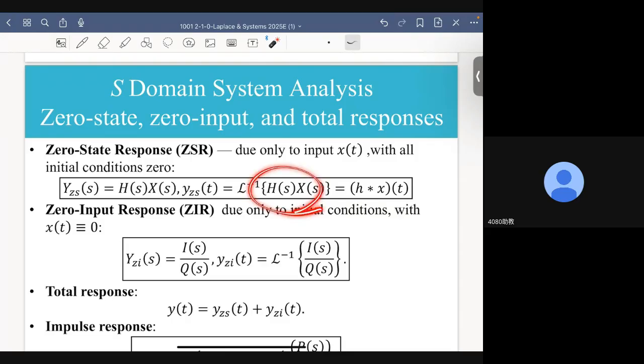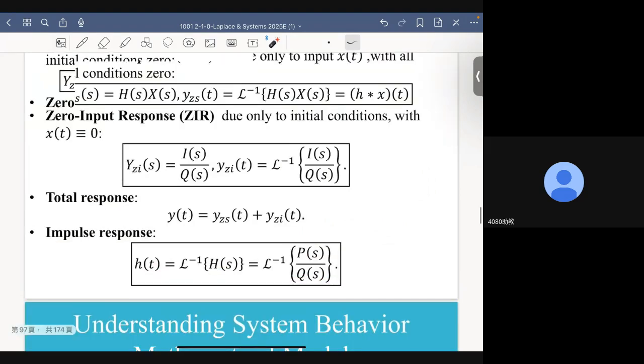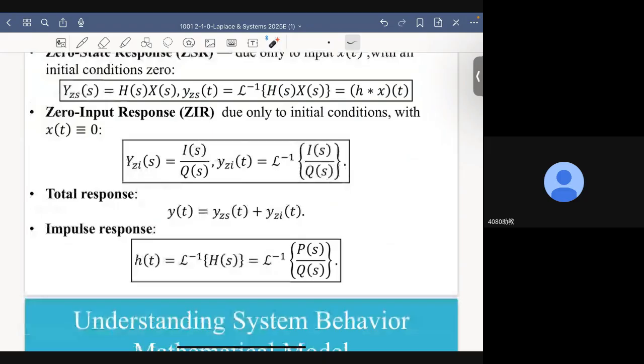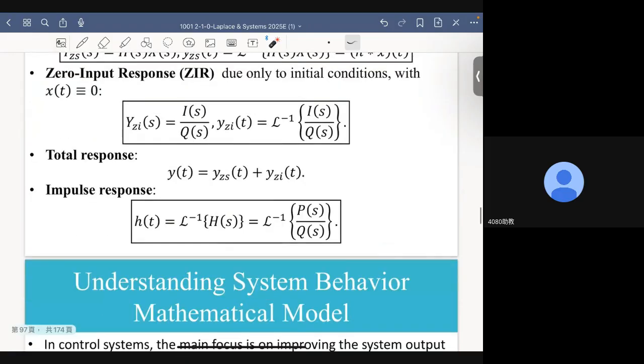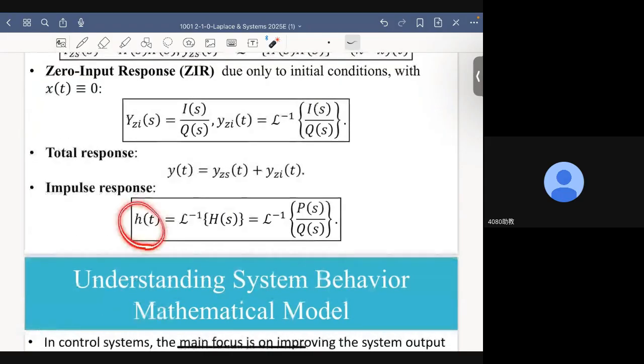Okay, multiplication in the s domain, convolution integral in the time domain. Now, when it comes to zero input response, we pretty much do the same thing. All right, and so the total response, as we expected, is made of zero state response and zero input response. Well, and here we define h of t as the impulse response, which is the inverse Laplace transform of the transfer function.